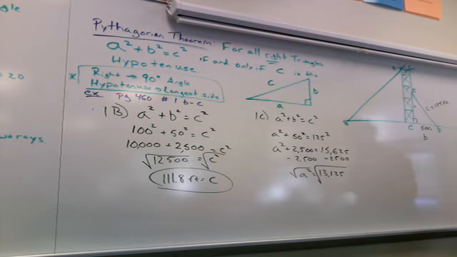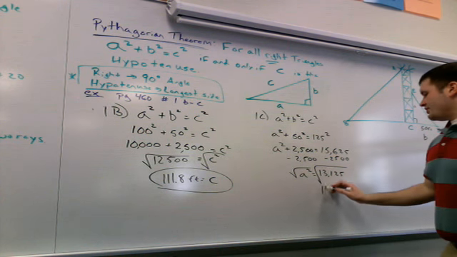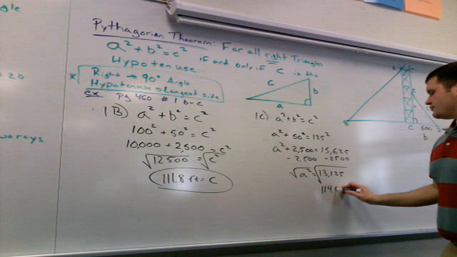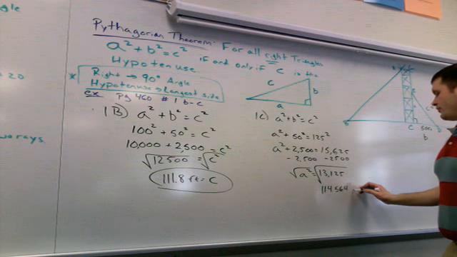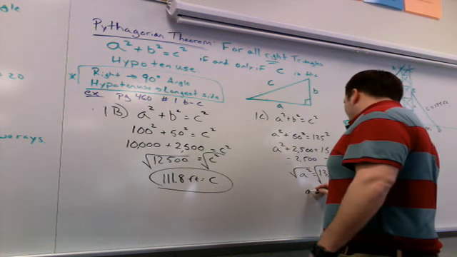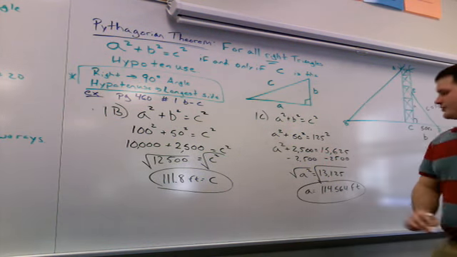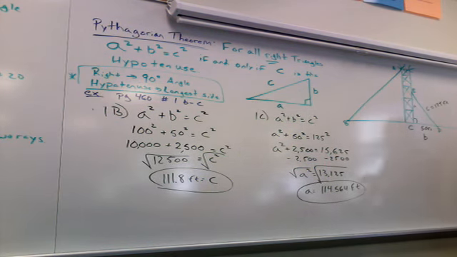Square root of 13,125 is 114 point what? 564. Okay, we'll go there. Feet. So that means in order to attach that support wire, someone gets the lucky job of climbing up 114 feet at the top.